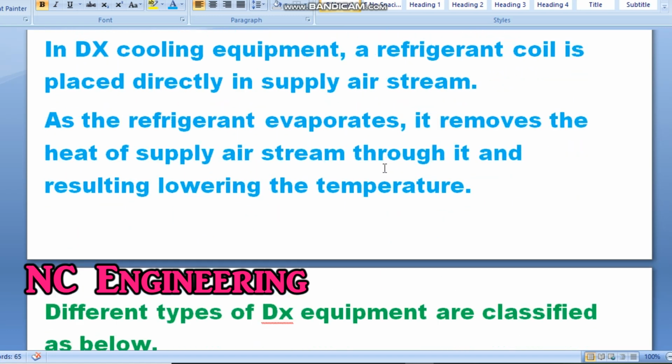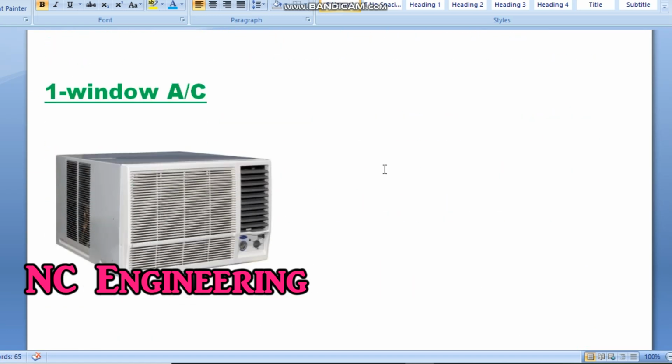We have different types of equipment for DX. The most common is the window AC. It is the cheapest one as it is compact, and all items, compressor, fan, everything, are put inside one container. It is called a window AC.